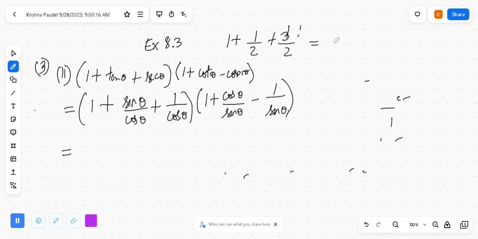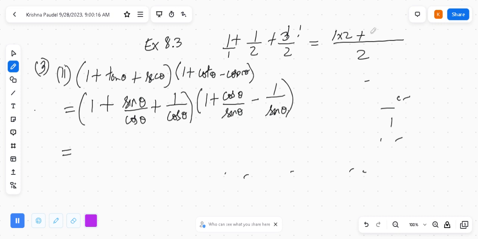In this case, what will be the LCM? LCM will be 2 because 2 is here, 2 is here, and what is below 1? It is 1 only. So the LCM will be 2, and according to the LCM rule, it will be 1 into 2 because we write the numerator as it is and then we multiply the numerator with the number which we get after dividing the LCM by the denominator. So when I divide the LCM by the denominator, which is 1, I get 2. So that's how I got 2 there.